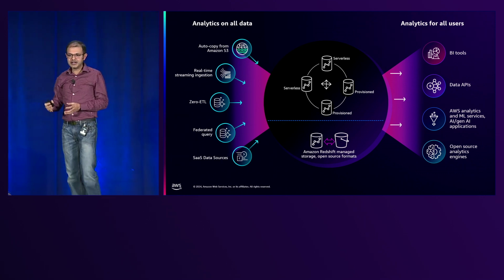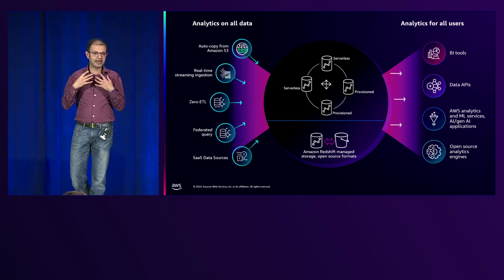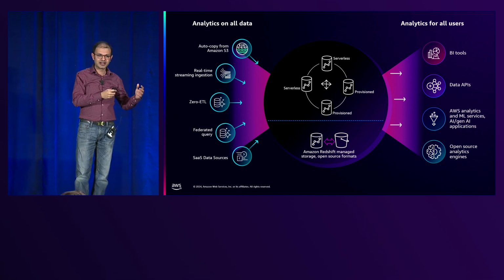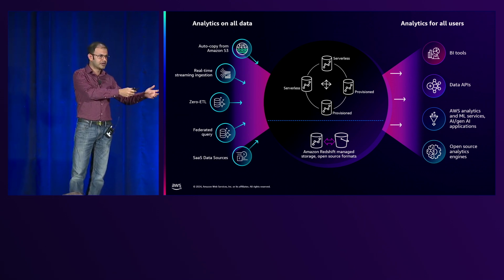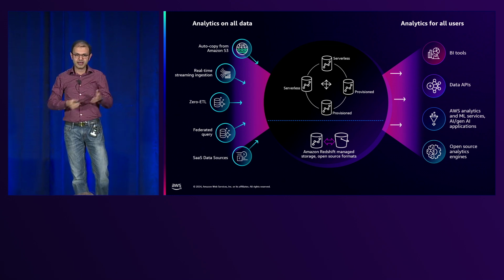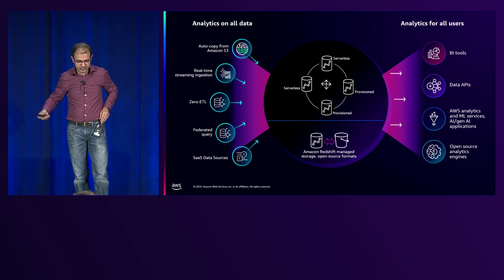So with this zero-ETL journey, it's not just bringing the data into Redshift, it's a matter of enabling it for your broader analytics journey so that as the data starts from your operational sources into the life cycle of machine learning, you can have this seamless data transition go through its entire journey.